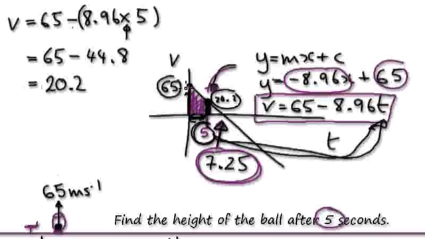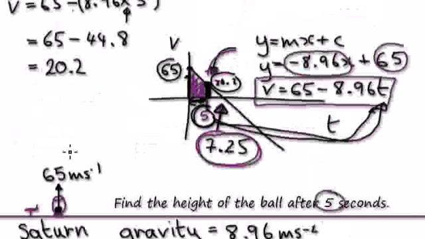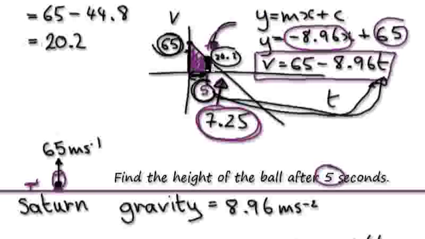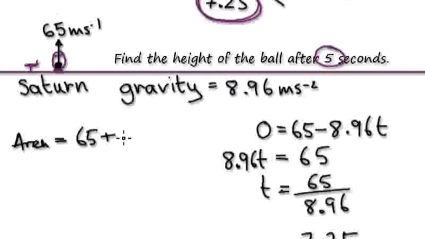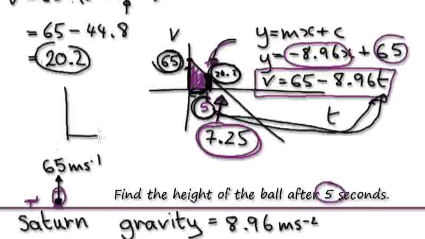So the area of that trapezium equals 65 plus 20.2, divided by 2, because we are using the trapezium rule.